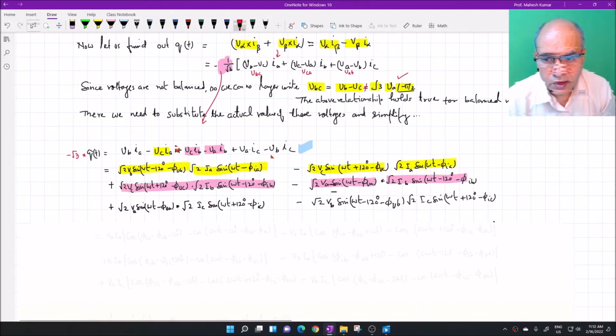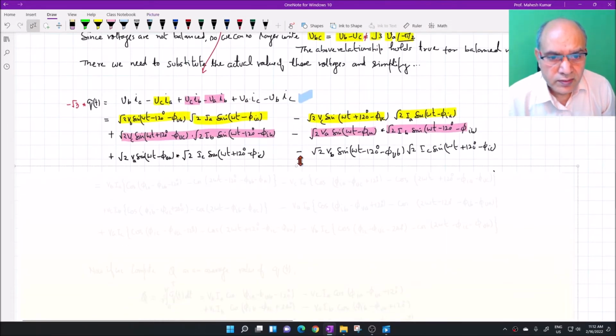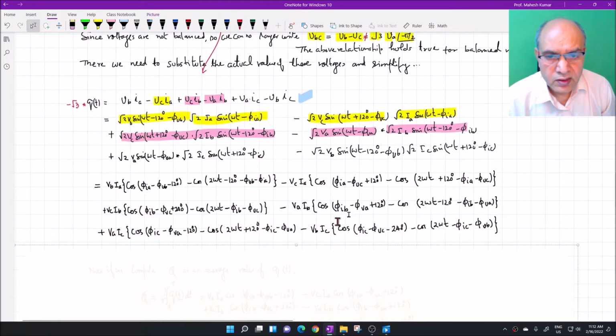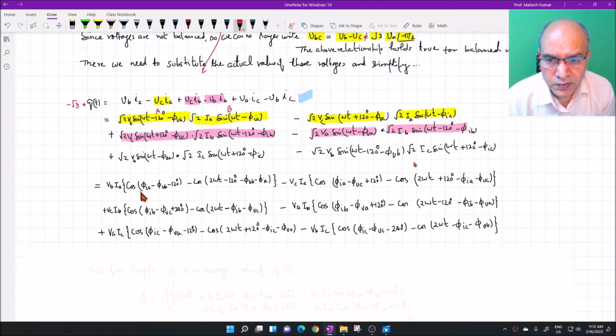Again, if we simplify these terms further, they become of the form 2 sin A sin B. In the form of cos, it will be cos(A minus B) minus cos(A plus B).